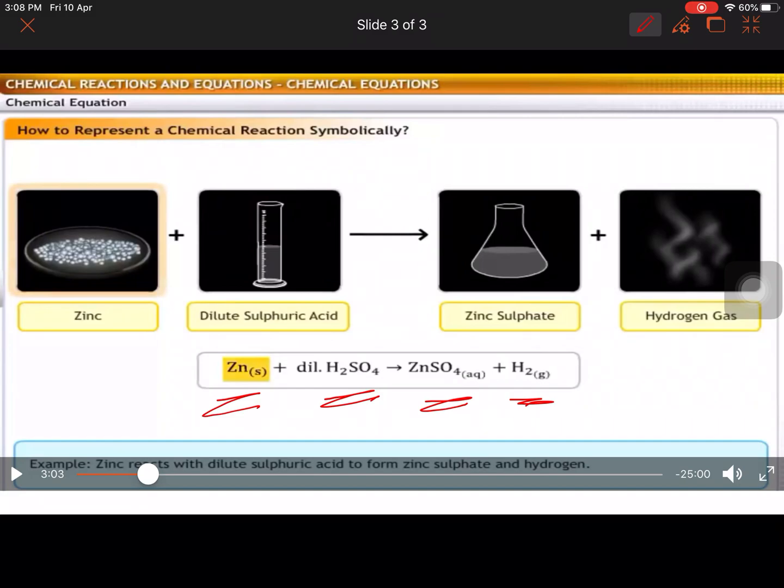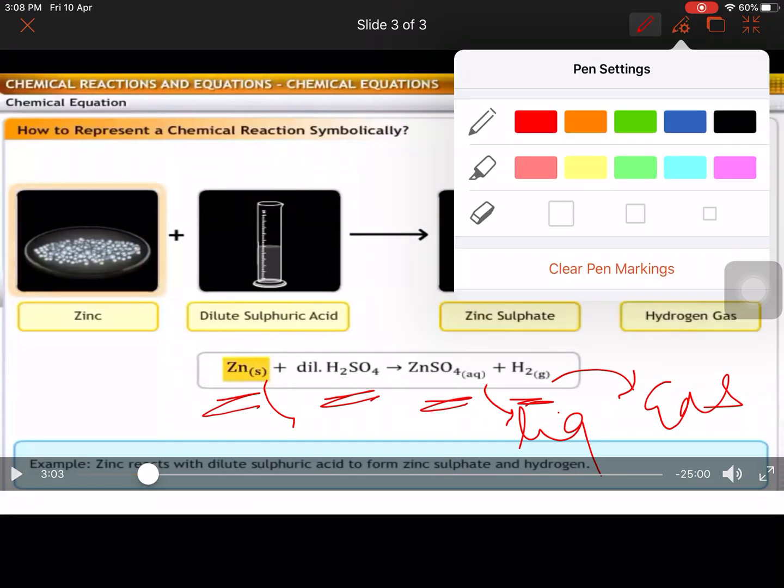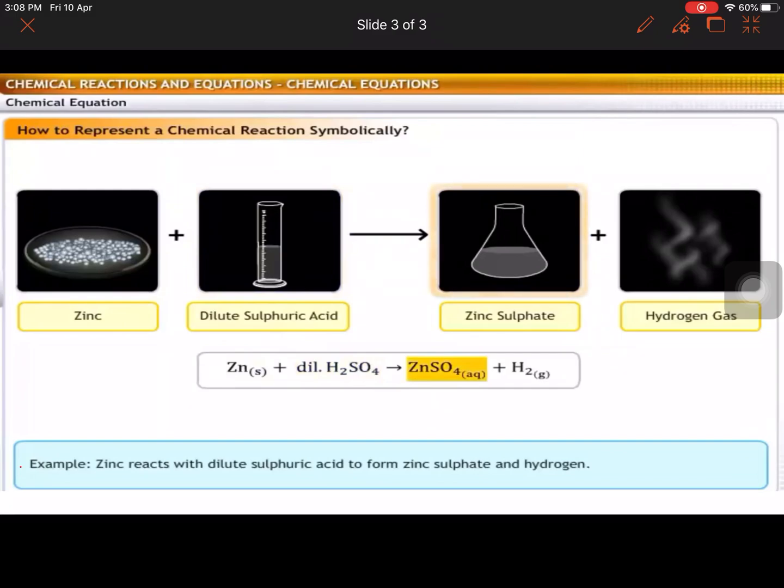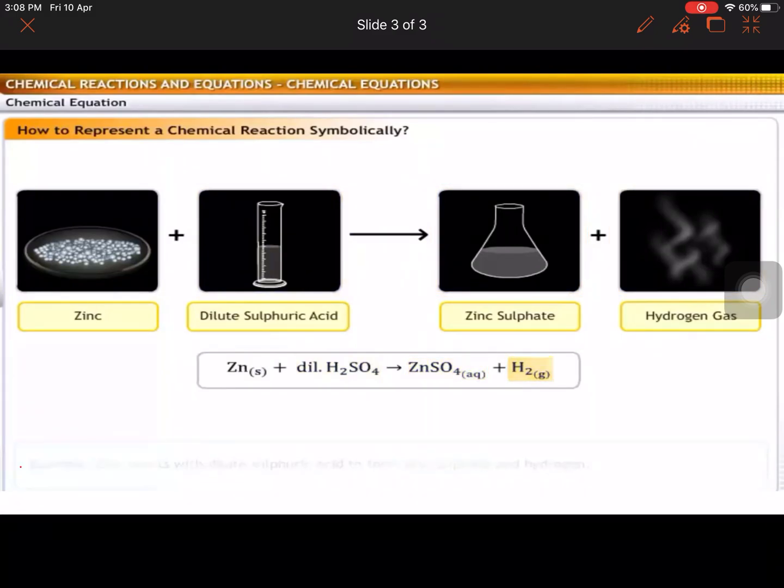Symbols are written according to the state each reactant is in. S stands for solid, aq stands for aqueous, and g stands for gas state. So this is the equation for the particular reaction. Solid zinc reacts with dilute sulfuric acid to form an aqueous solution of zinc sulfate and hydrogen gas.